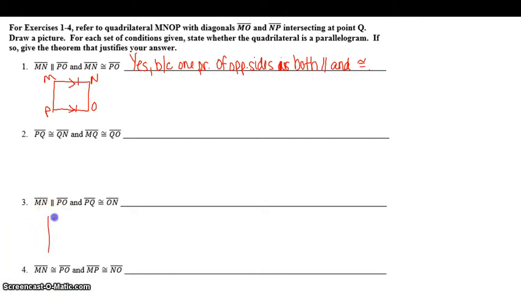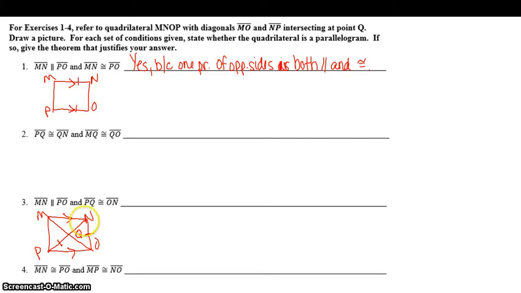So number 3, I've got MNOP. I know MN is parallel to PO. And since it brought in Q here, I need to draw in the diagonals. It says the diagonals intersect at point Q. So then I know that segment PQ is congruent to segment ON right here.